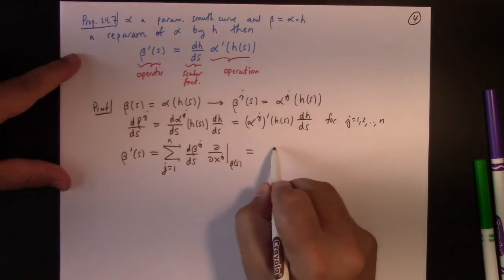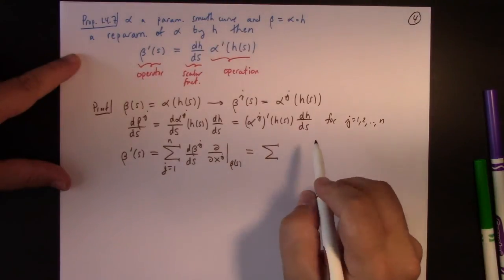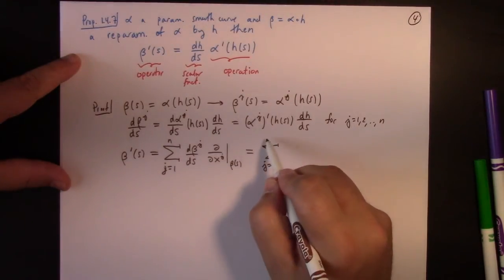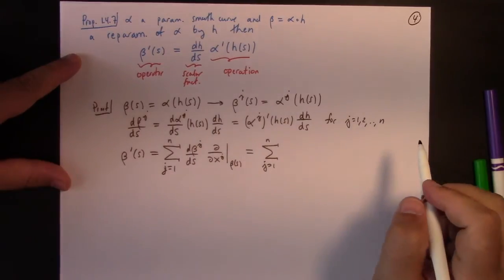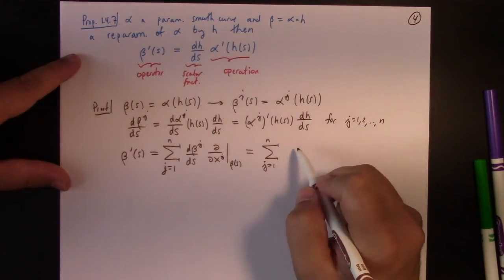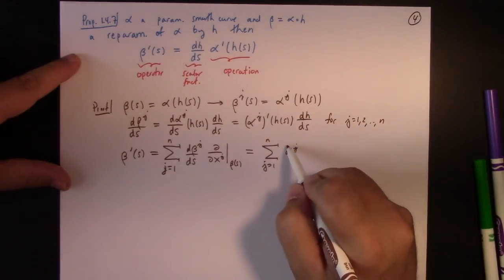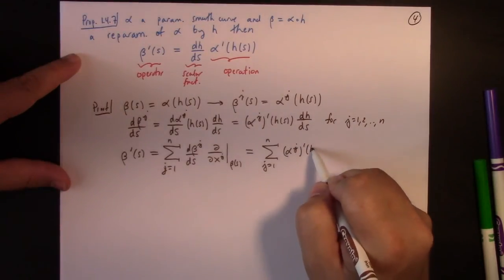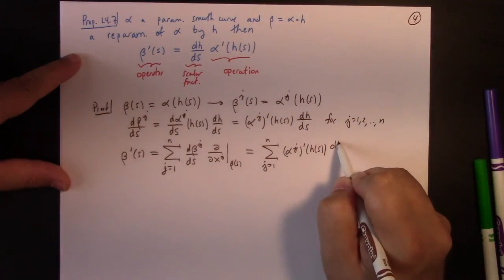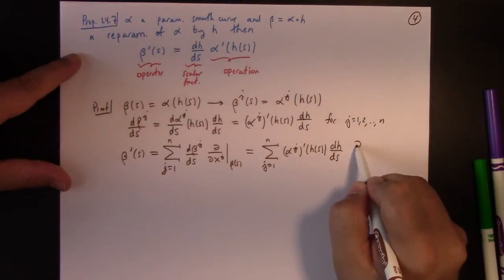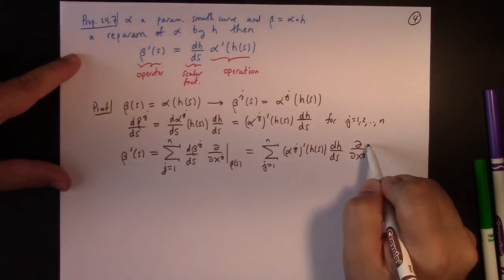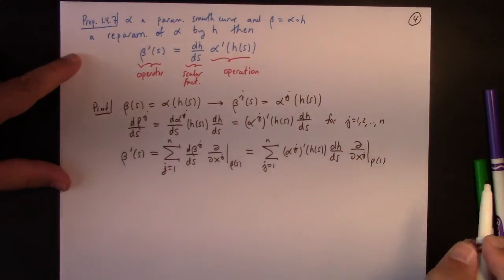But that is equal to the sum, j equals 1 to n, of alpha j prime of h of s dh ds partial x sub j at beta of s. All right.